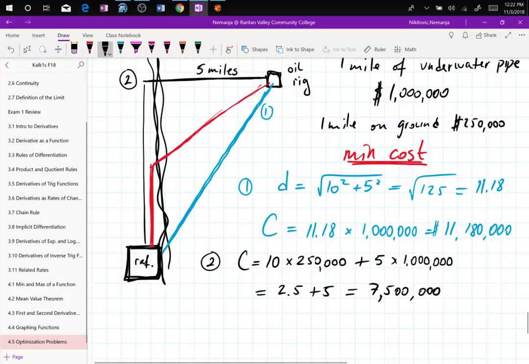So let's go and do this. We know this is 10 miles over here, but at this split I'm going to call this unknown quantity x, which makes the top one 10 minus x. Does that make sense? Which makes this the Pythagorean theorem here. I'm going to use the red for all of these new ones.